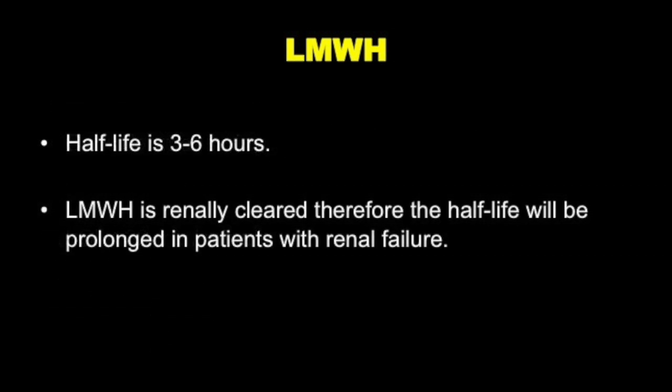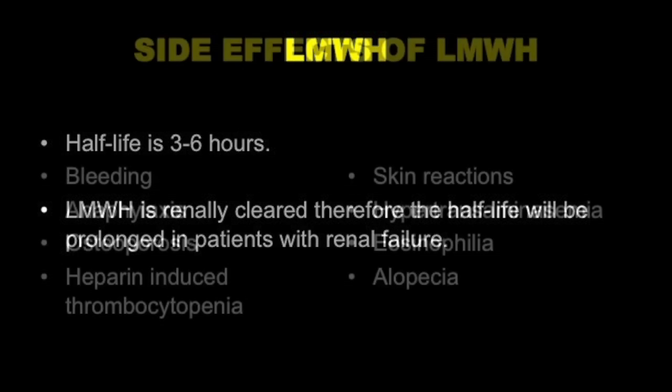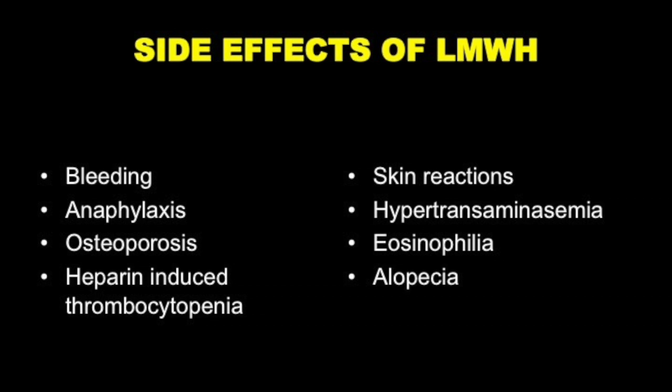It has a half-life of 3 to 6 hours, and it's cleared through the renal route. That's why its half-life is prolonged in children who have renal problems, and so it should be used cautiously.